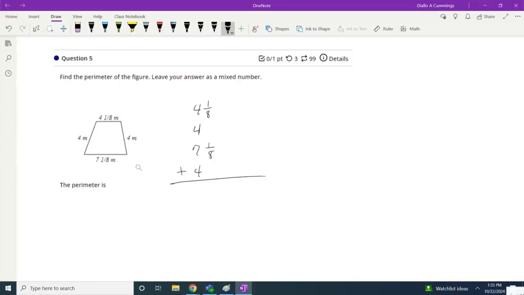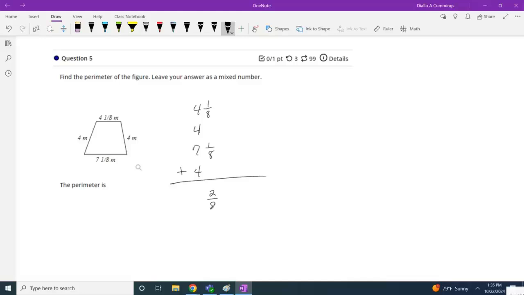Now when you add fractions, I'm going to add my fractions and add all my whole numbers. When you add fractions, you keep your common denominator. So if I add 1/8 plus another 1/8, I keep the common denominator, which is 8, and combine my numerators. 1 plus 1 is 2, so 1/8 plus 1/8 is 2/8.